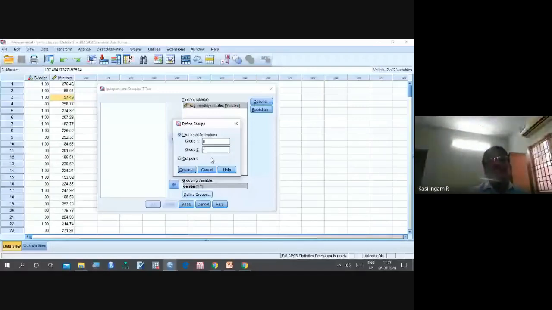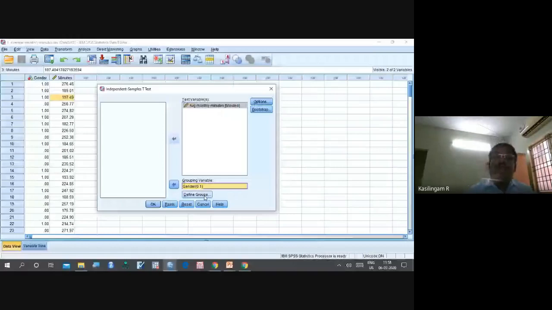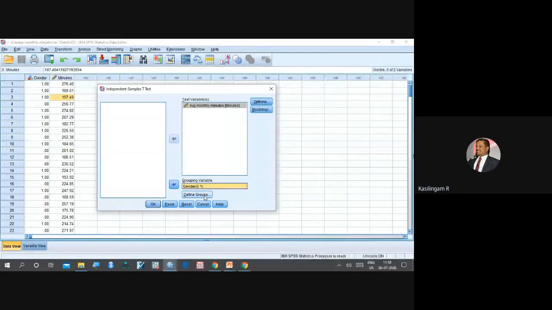Very good. Now, why is it asking to define groups? Because I am performing a comparison of two groups. People may take a variable which has three categories. But we compare two at a time.